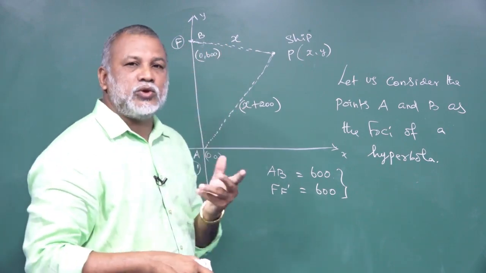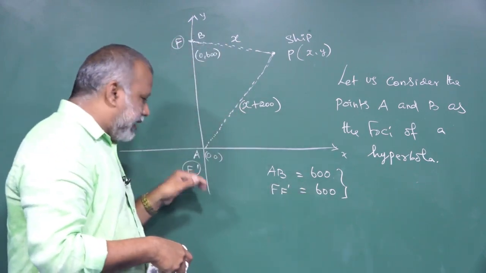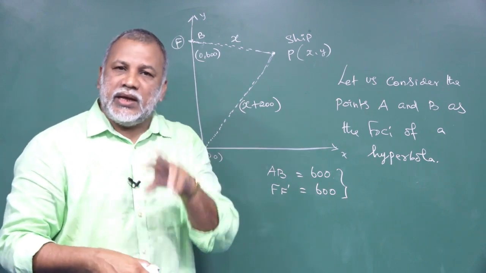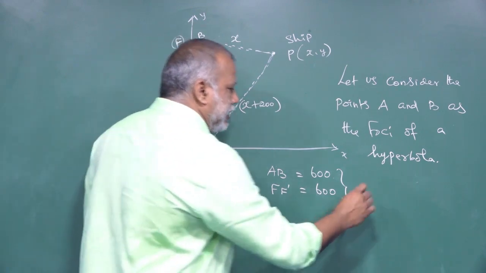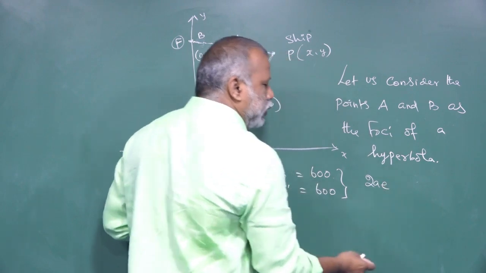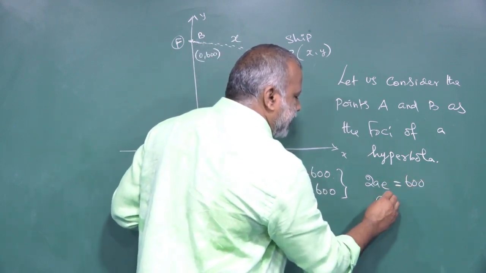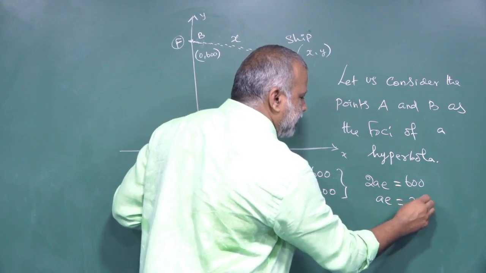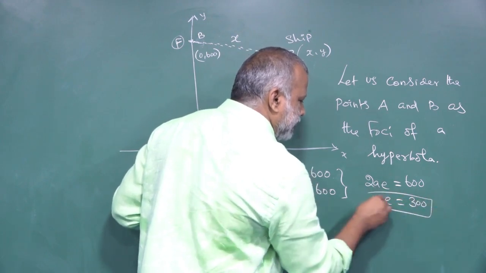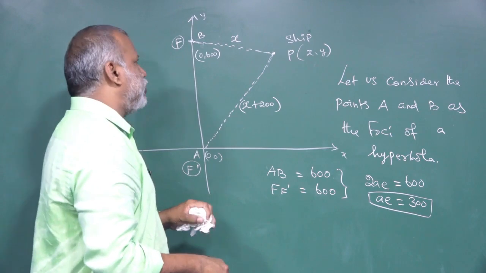Therefore one focus is (0, ae) and the other focus is (0, minus ae). The distance is 2 times ae. So 2ae equal to 600. From this we can say ae equal to 300. This is the first information we are able to get.